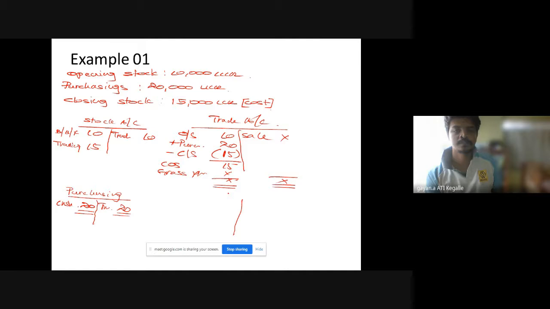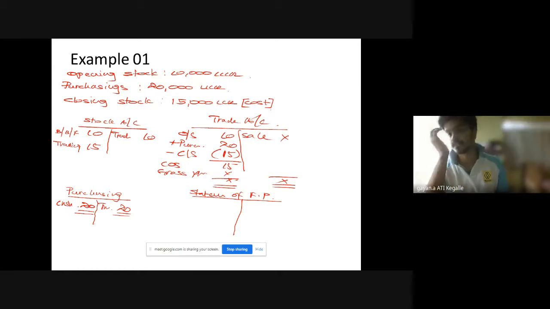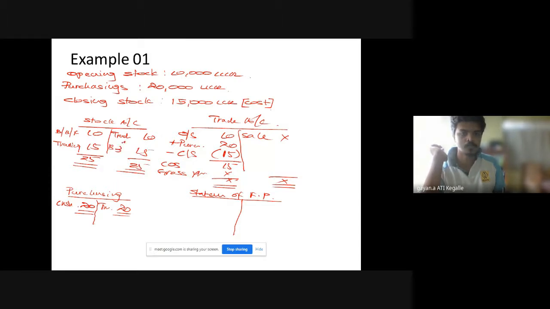Then in the statement of financial position, we can identify this balance of stock. Here 25, balance is 15, balance brought down.